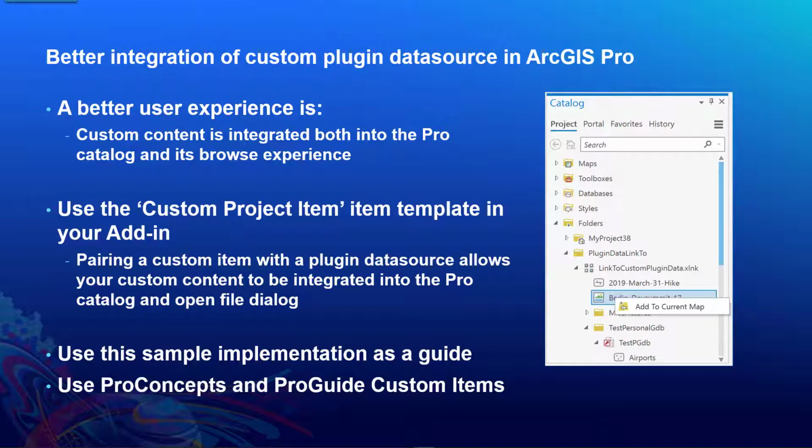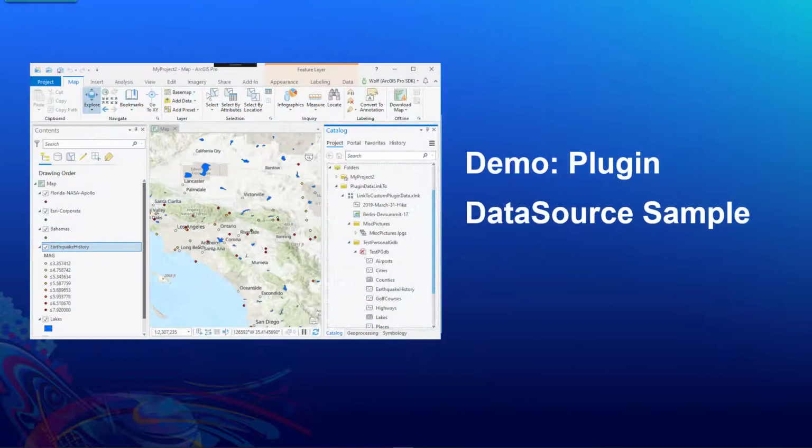By pairing a custom item with a plugin data source, your custom content is now integrated into the Pro Catalog and also the open file dialog. So you can use this sample implementation of this session here as a guide, or you can also look at the Pro concept and Pro guide for custom items in our Pro SDK documentation. Okay, this brings us to the last demo.